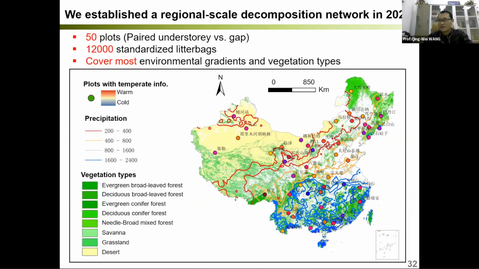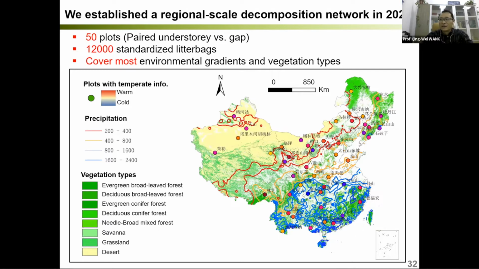Maybe 10, or at most less than 20. But finally, many friends and many researchers were interested in such a project, so they supported us freely to set the samples and plots in their own station or near their plot.